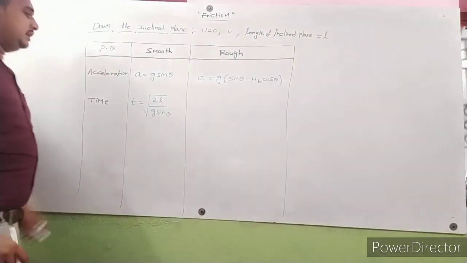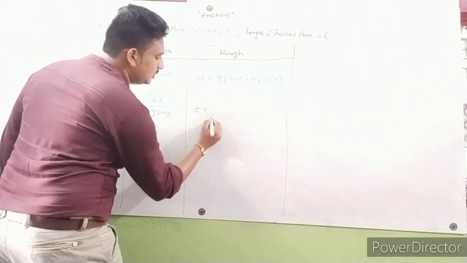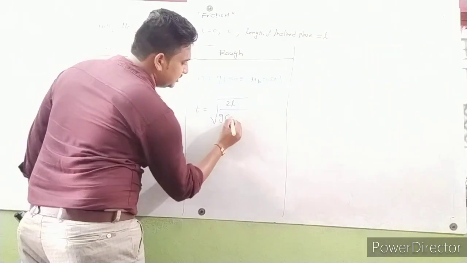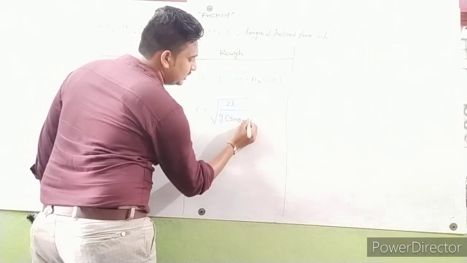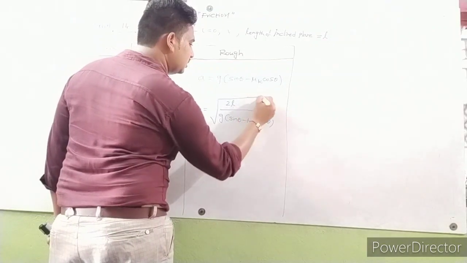For the smooth plane, t is equal to square root of 2L by g sin theta. For the rough plane, t is equal to square root of 2L by g into (sin theta minus mu k cos theta).